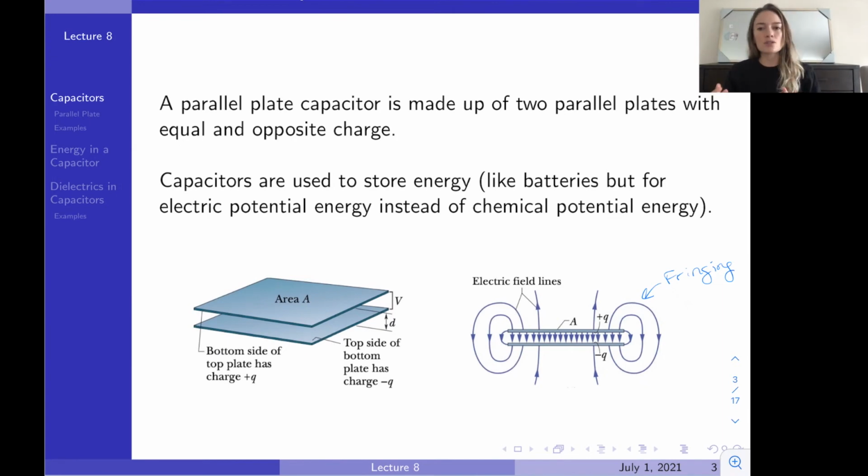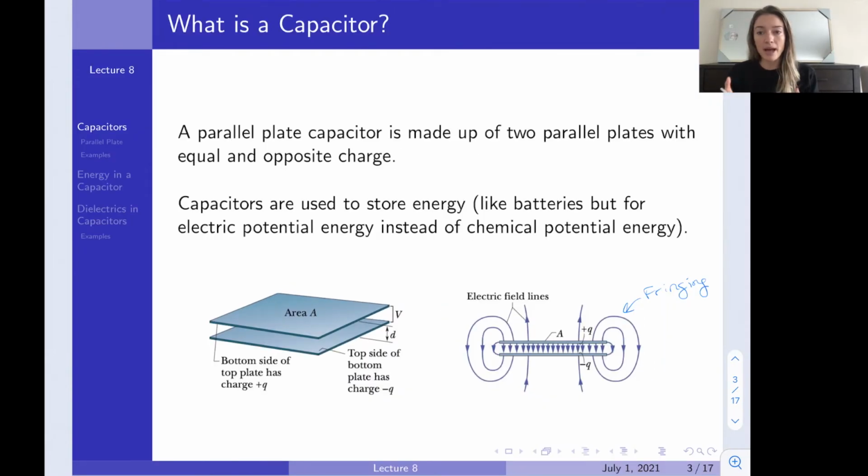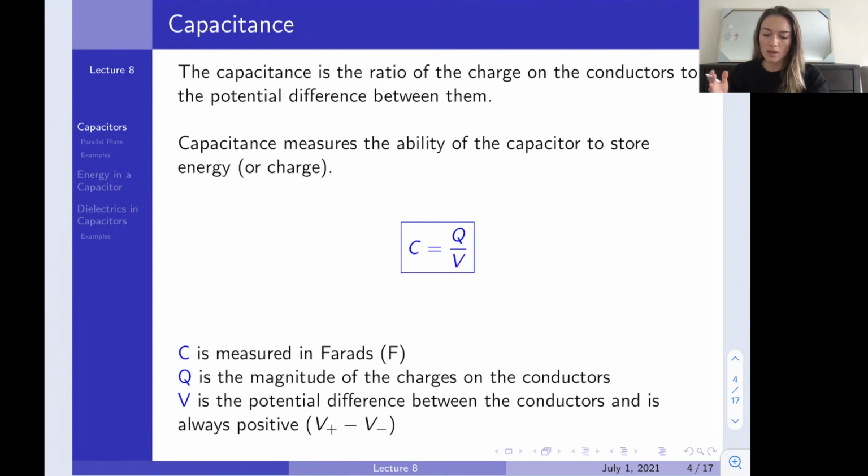Capacitors are used in circuits in pretty much every electronic device. You can basically think of them like batteries, except instead of storing chemical potential energy like a battery does, they store electric potential energy instead. So capacitance, like I said, you can have a capacitor that's any shaped conductor.